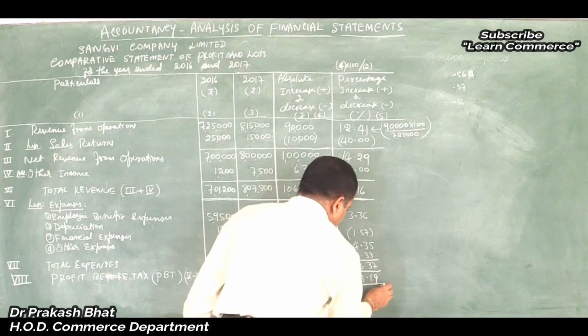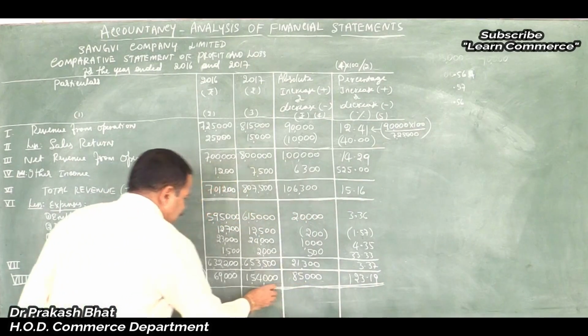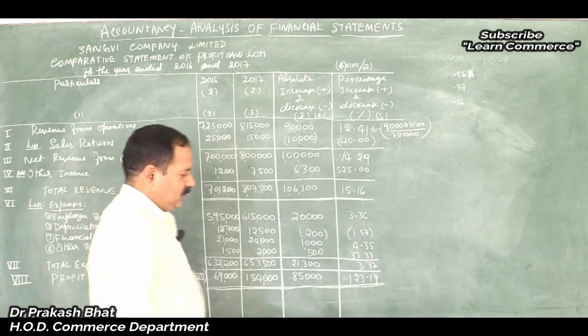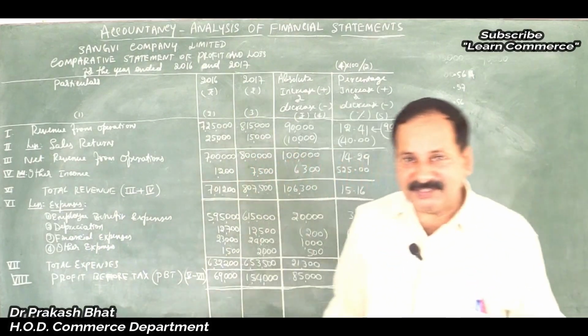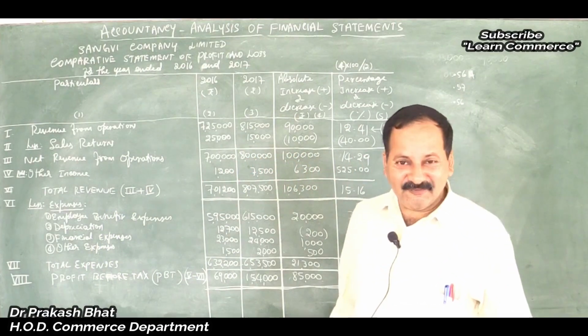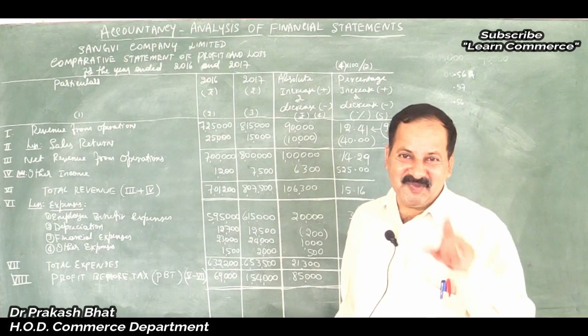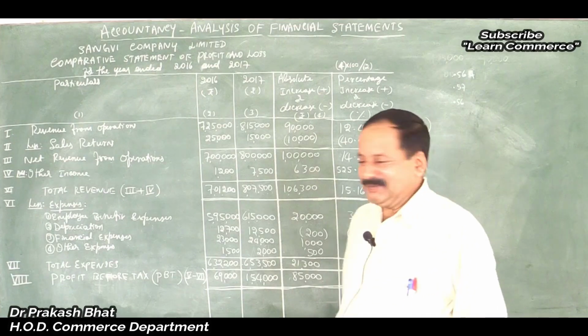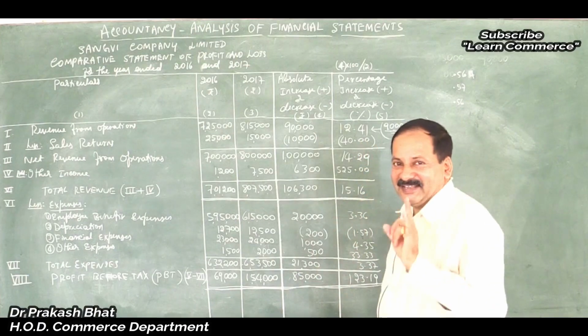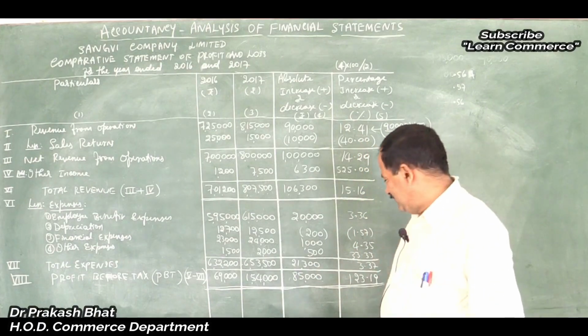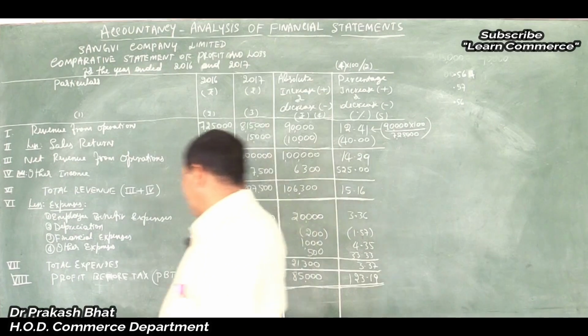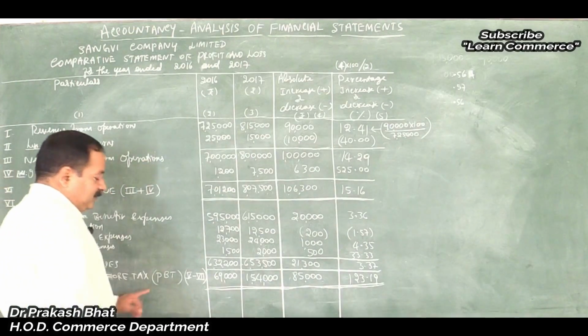Do you find any difficulty here? Don't you think it is the easiest chapter? Yes. But how far it will be there for the exam, I am not sure. That depends upon maybe your luck. But study it properly. So this is called profit before tax or PBT.